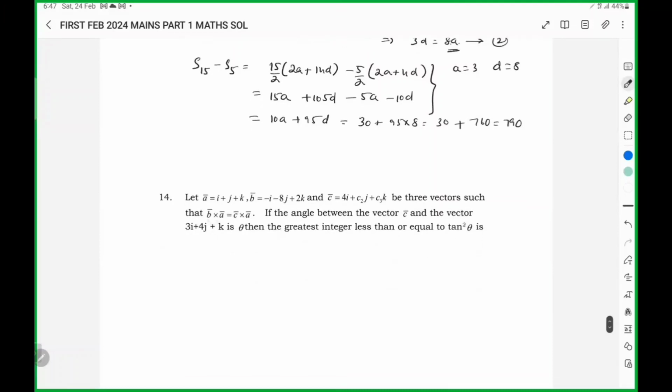Here B cross A is C cross A. Let us consider this, which I can write as B cross A minus C cross A is 0 bar. So B minus C is parallel to A. B minus C is some multiple of A bar.